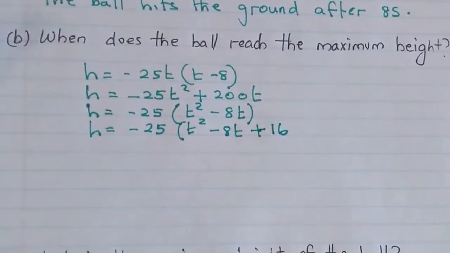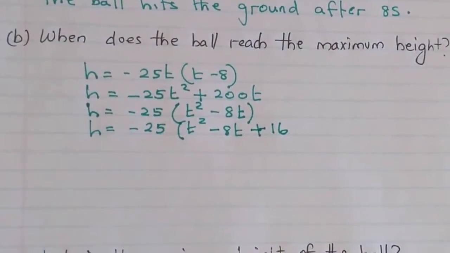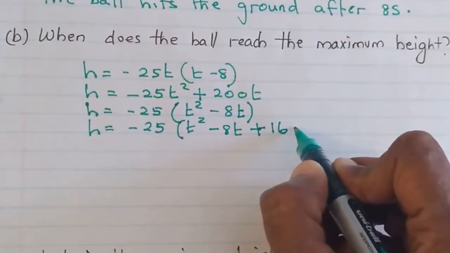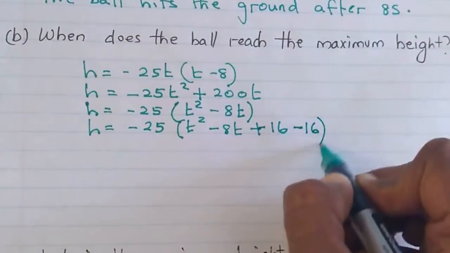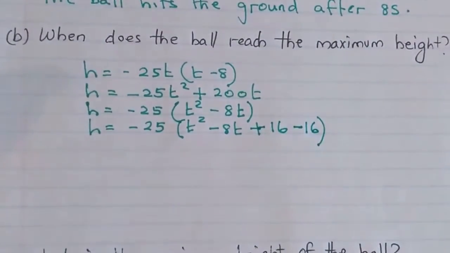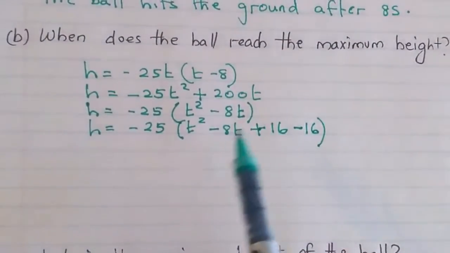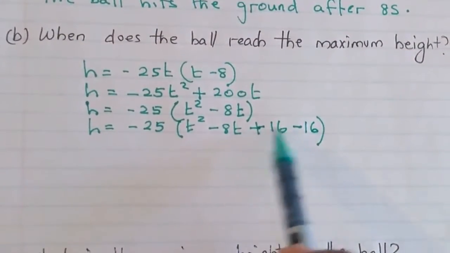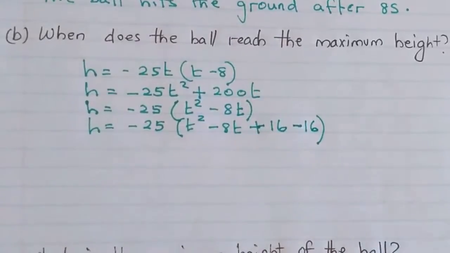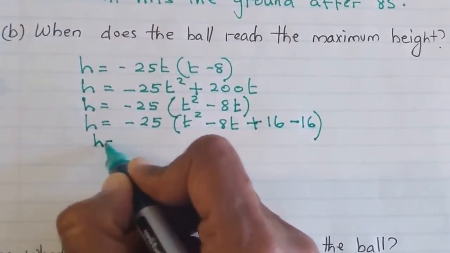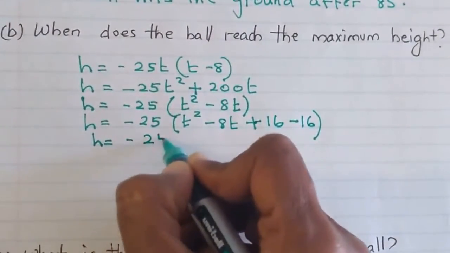I cannot just add that number and close the bracket because I've made a change to the terms inside the bracket. So I have added positive 16, and if I subtract 16, that would negate the change. That means I have really not made any changes. It's still t squared minus 8t, and I put this to make it easier to make that into a perfect square.